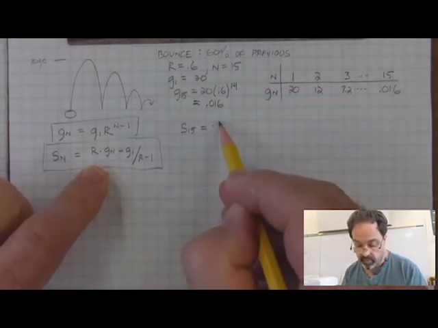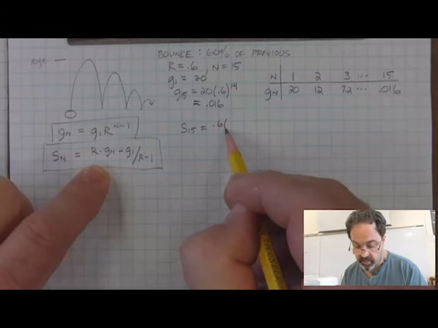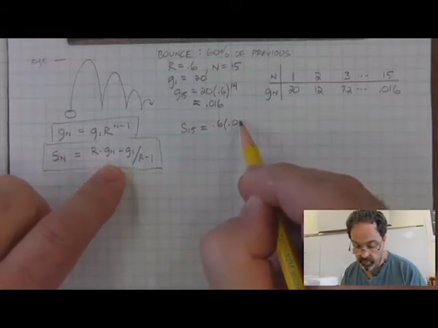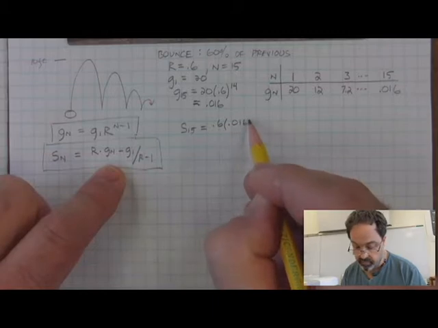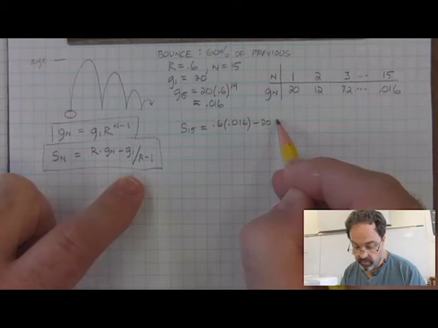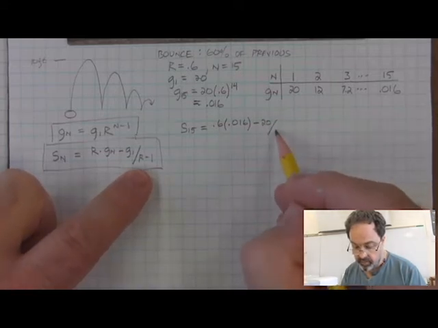It's going to be the constant ratio of 0.6 times the value of the 15th term, which we calculated, 0.016, minus the value of the initial term, 20, all divided by the constant ratio of 0.6 minus 1.